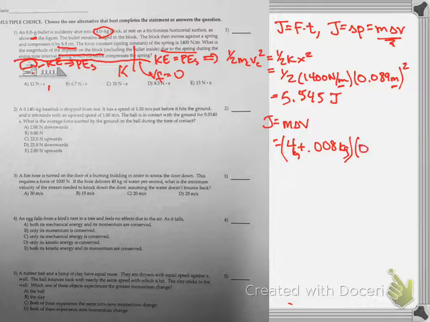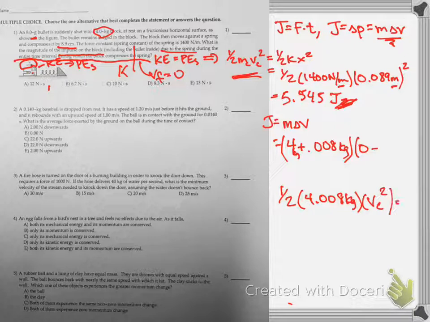So 0 minus V initial, which we're going to get from this number here, if we set this equal to 1/2 mv squared. So 1/2 times 4.008 kilograms times V combined squared equals that 5.545 joule number. V combined, again I'll pause this, is 1.66 meters per second. So that's my initial velocity.